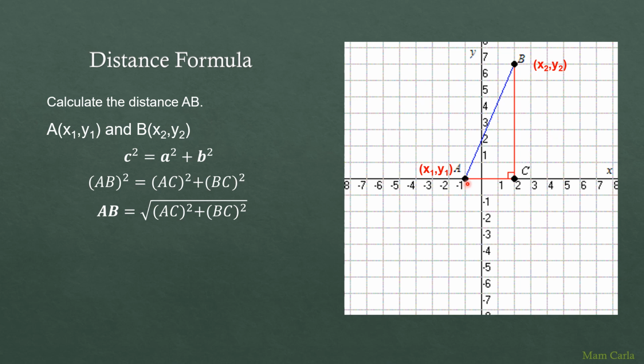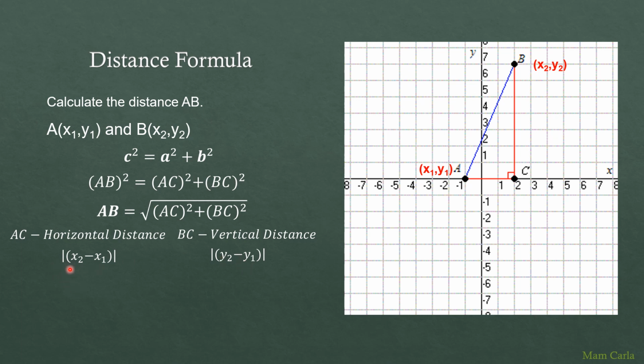Now, we know that AC is the horizontal distance, so we just need to subtract the x coordinates. For the horizontal distance, AC, we get the absolute value of x sub 2 minus x sub 1. For the vertical distance, BC, we just get the difference between the y coordinates, so we have y sub 2 minus y sub 1.